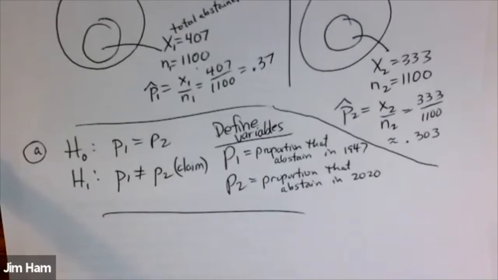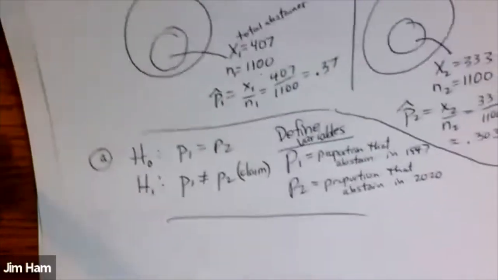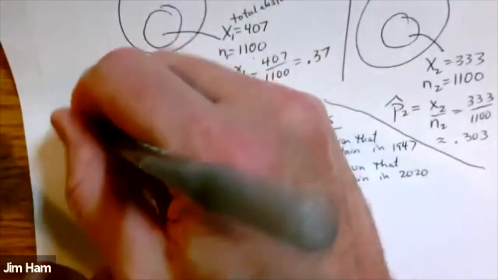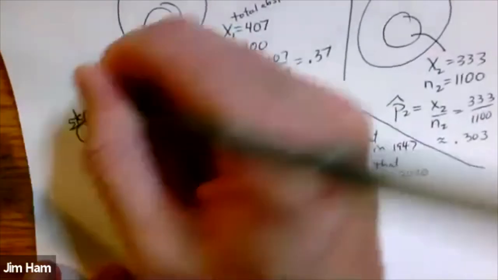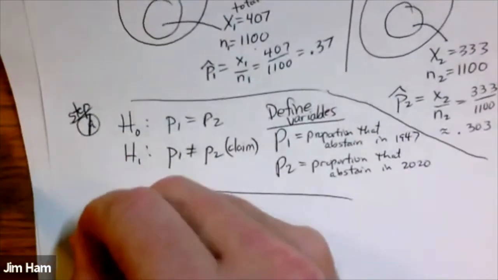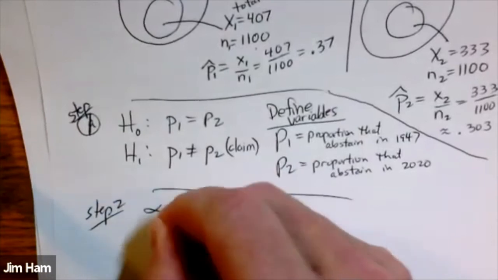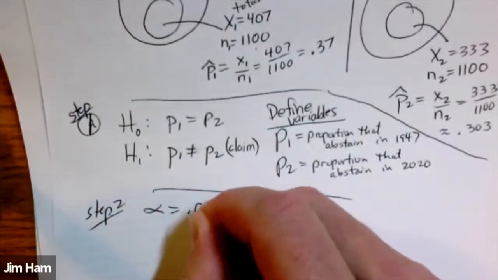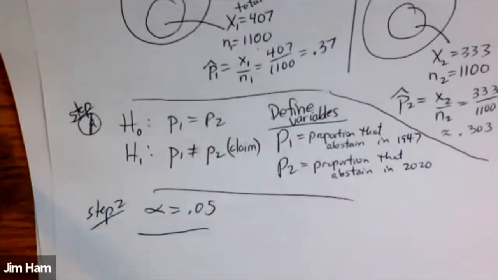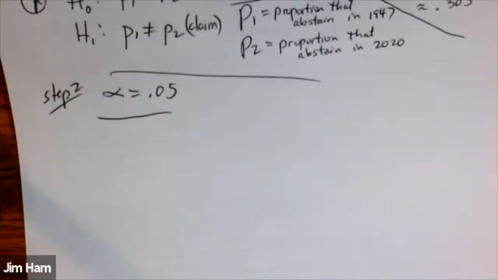Instead of A, B, C, I'll just label them as the steps. Step 1. Step 2 was done for us: alpha equals 0.05, but you still have to write it out. That's the level of significance.